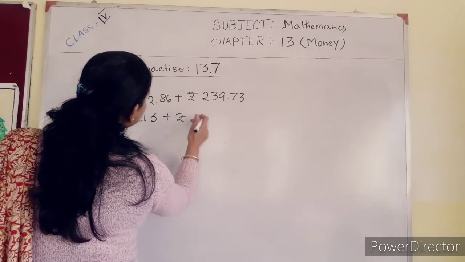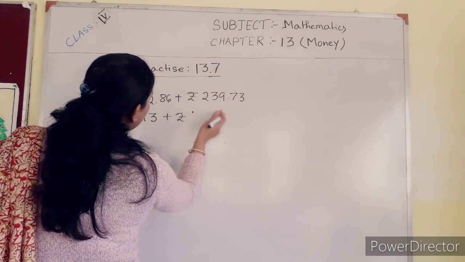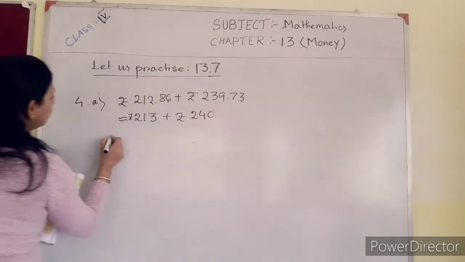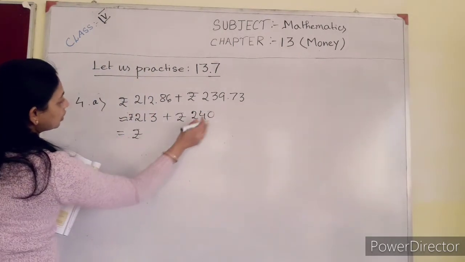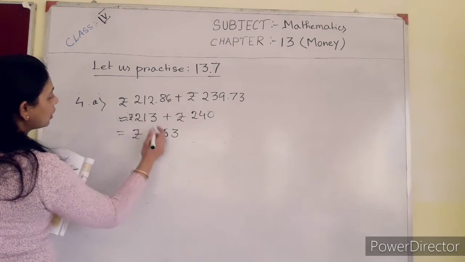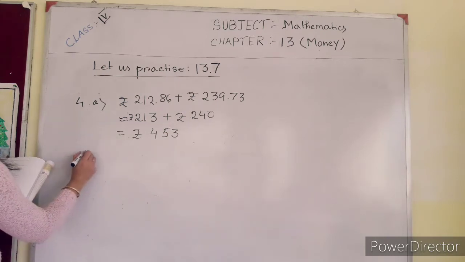So you have to add 1 rupee with 239, so 240 rupees. 3 plus 0, 3. 4 plus 1, 5. 2 plus 2, 4. Rupees 453. Now B.